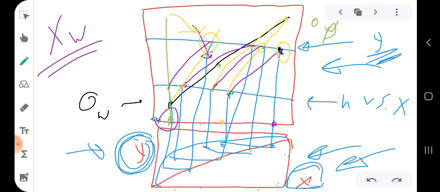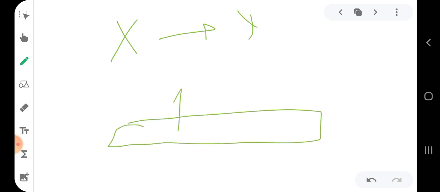Okay, the question here, what's the number of stages? Is it the purple line or the yellow lines? Of course it is the purple line. Why? Because this purple line represents the tie line, and a tie line connects X and W. When we have a stage, we have vapor going up, liquid going down.